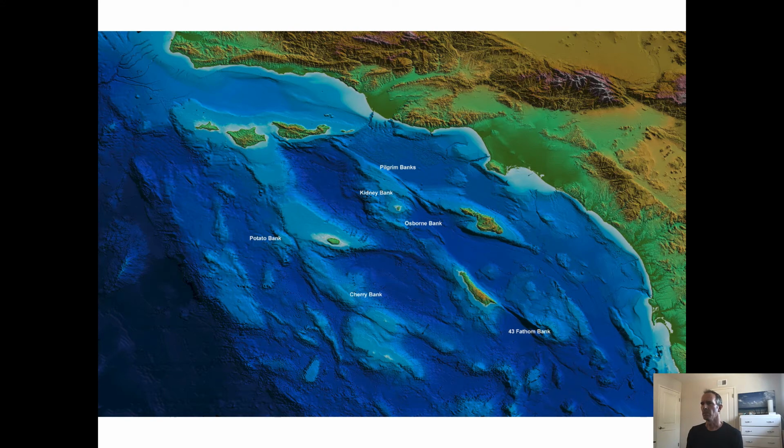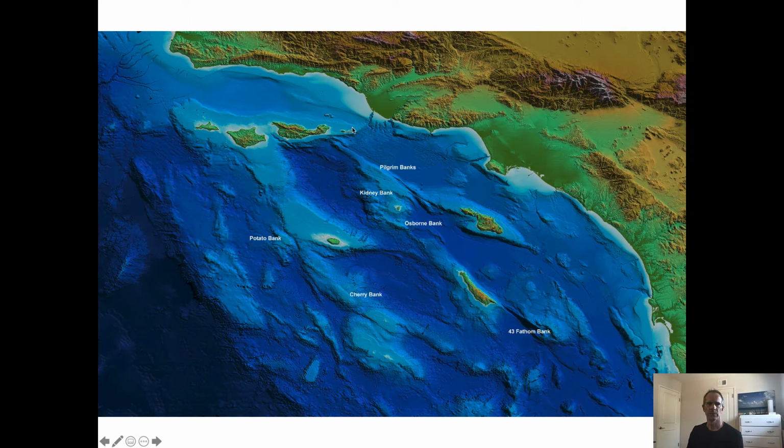Looking even more offshore, so now downtown LA is here, Long Beach is here, here's Palos Verdes. We can get an idea of what the topography looks like underneath the ocean out here. And we see we've got several islands that we call the Channel Islands: Catalina, San Clemente, Santa Cruz, Santa Rosa, San Miguel.